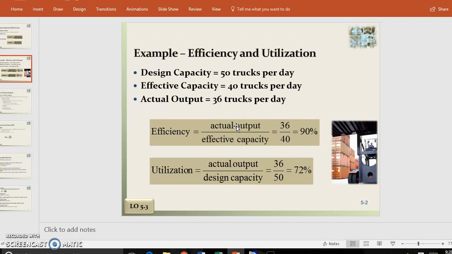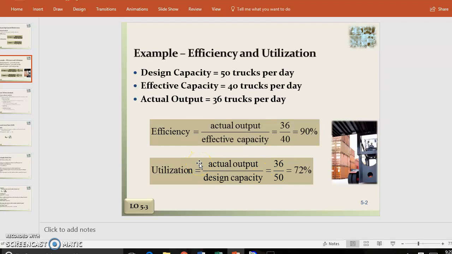Again, pretty straightforward stuff. Our actual output of 36 trucks divided by our effective capacity of 40 gives us an efficiency rating of 90%. By the way, I believe we multiply that times 100% in order to get that percentage.